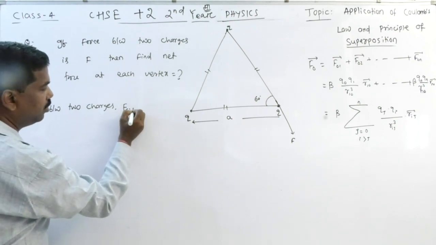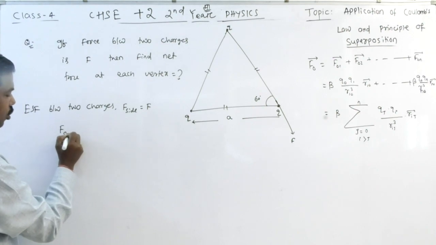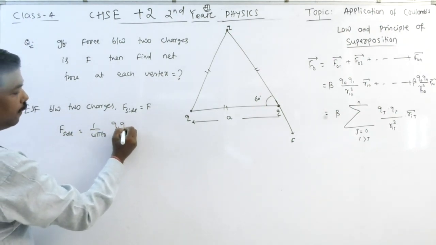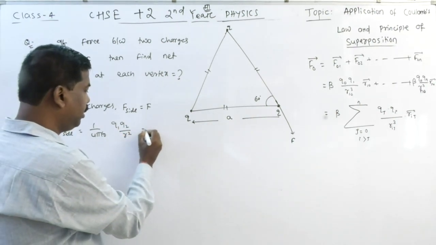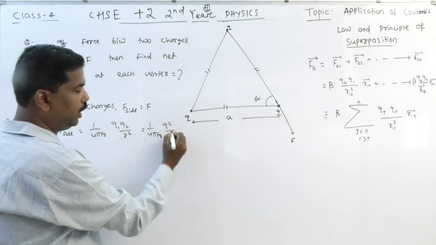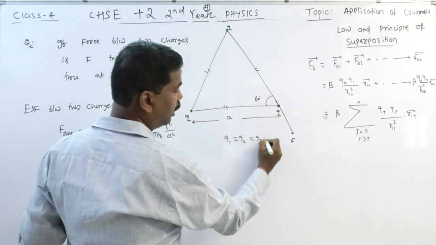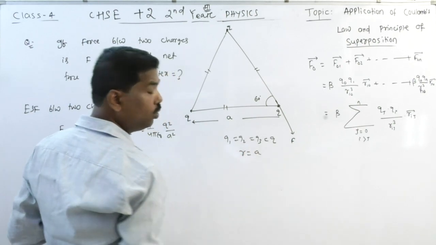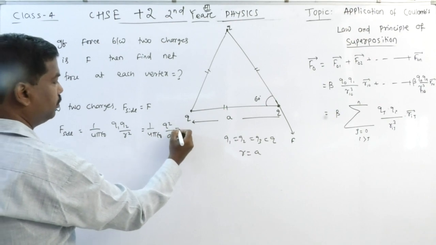F is equal to F given, and F is equal to 1 by 4 pi epsilon 0 Q1 Q2 by r squared. It means 1 by 4 pi epsilon 0 q squared by a squared, where q1 is equal to q2 is equal to q3, the three charges are equal, and r is equal to a. Okay, it is given as F.